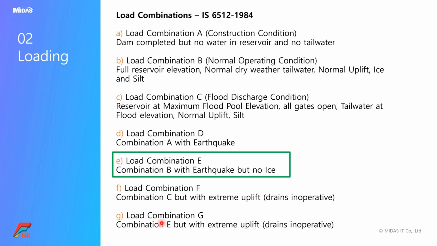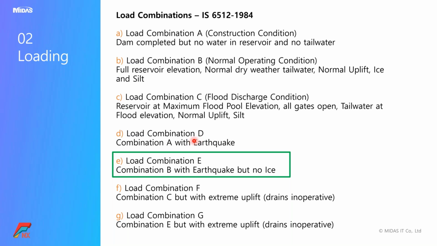There are lots of load combinations here. Load combination A is basically in the dry state, once the dam has been constructed but the reservoir is not filled yet. And we have load combination B, which is the normal operating condition, and load combination C, which is the flood discharge condition.